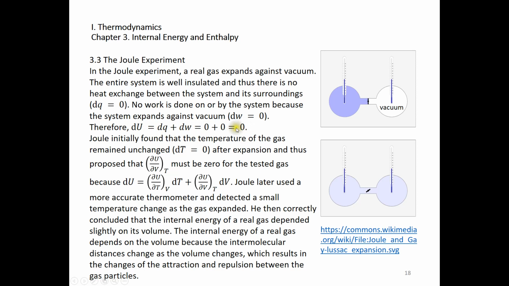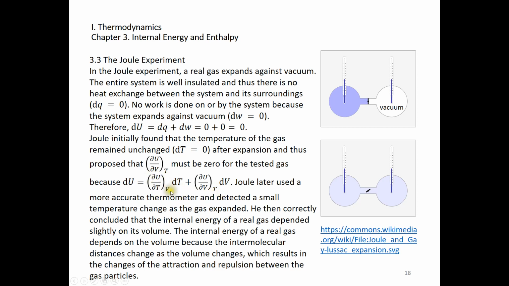And also we can express dU in terms of dT and dV, assuming U is a function of temperature and volume. Therefore dU is (∂U/∂T) dT plus (∂U/∂V) dV. We also need to pay attention to the subscripts.